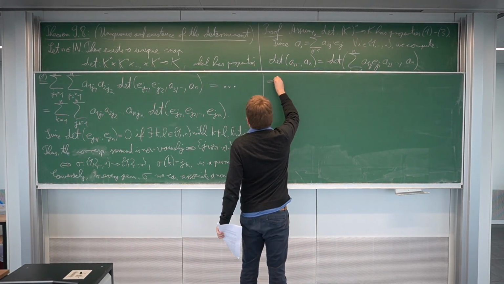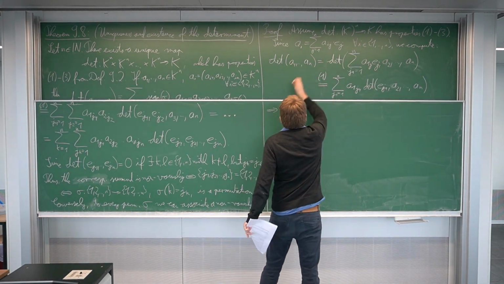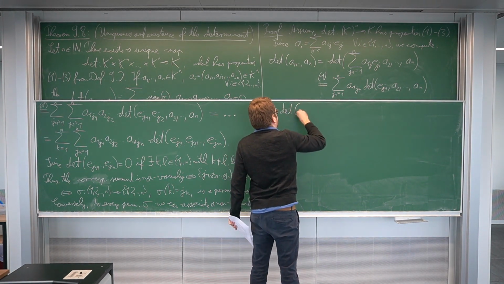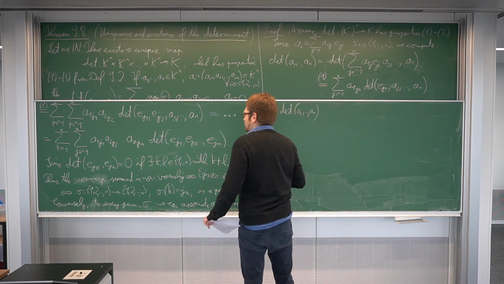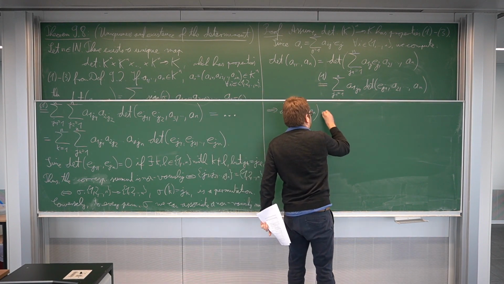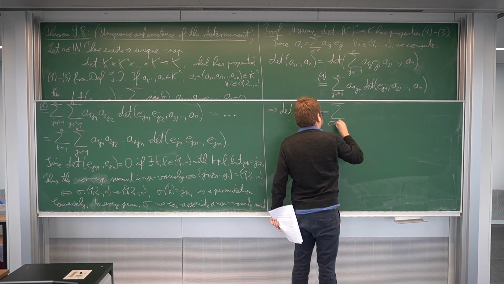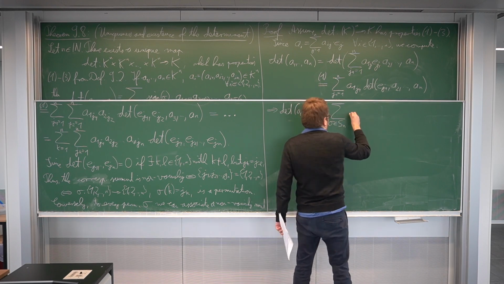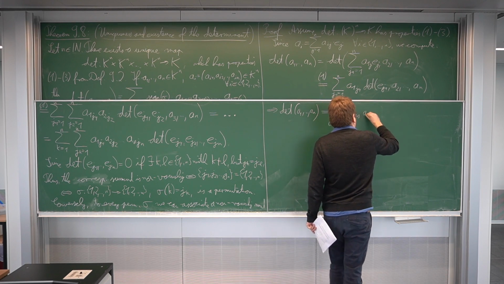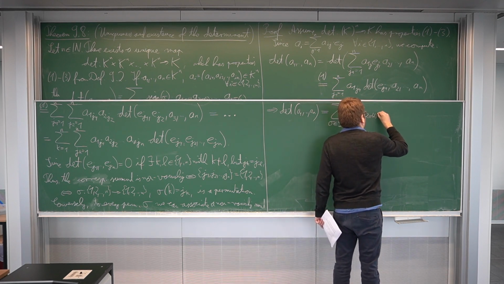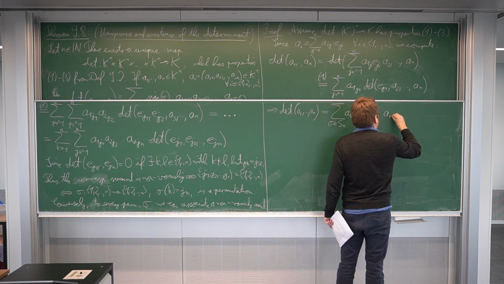Namely, we get that, okay, we started with the determinant of a1 to an, if you already forgot. It was a straight line computation. This is now the same as the sum over all sigma in Sn of a1 sigma of 1, a2 sigma of 2, and so on to an sigma of n.